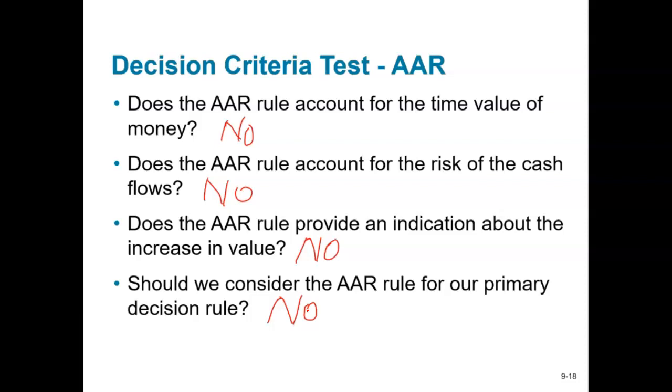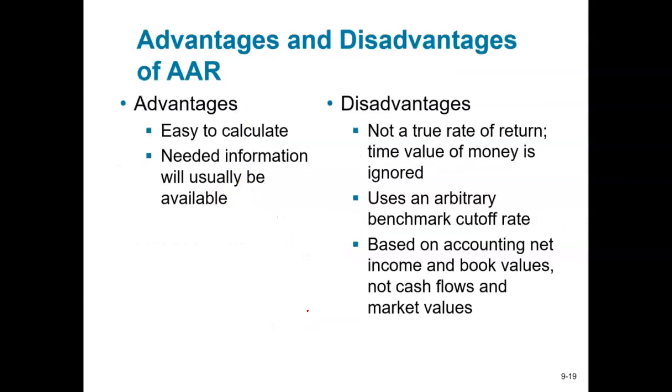Now let's talk about the advantages and disadvantages of this average accounting return. It's easy to calculate. Needed information usually will be available because you are simply using the historical financial statements or the data. You are not doing any calculations for the cash flows. Okay, so you are directly taking the net income and the book value.